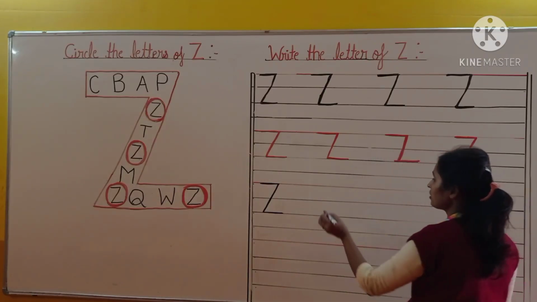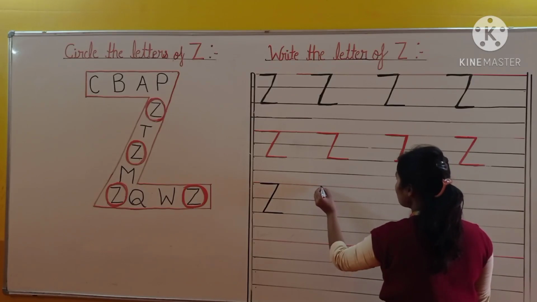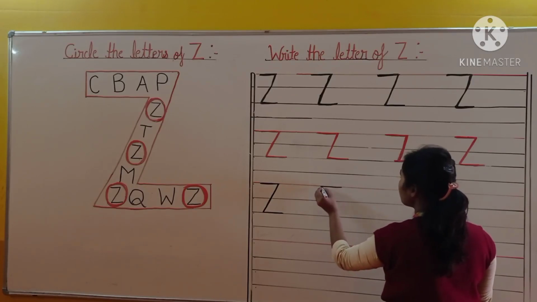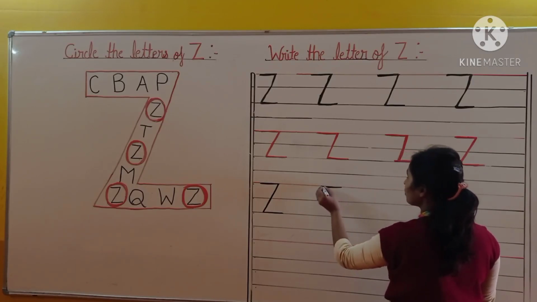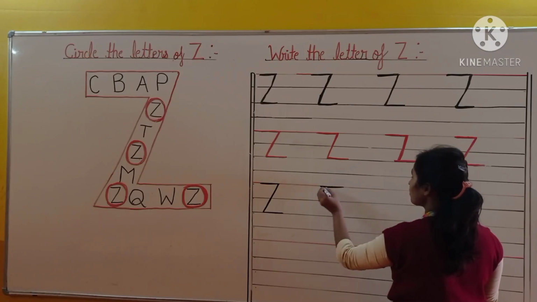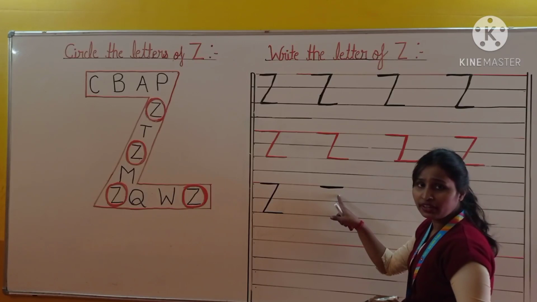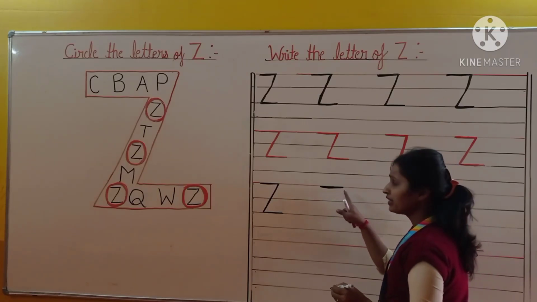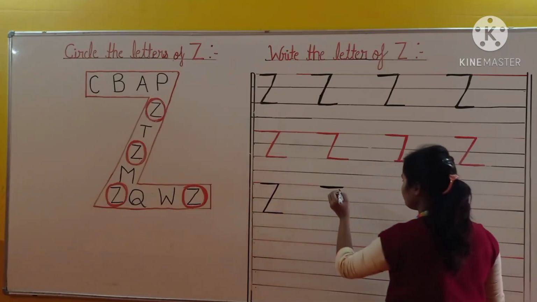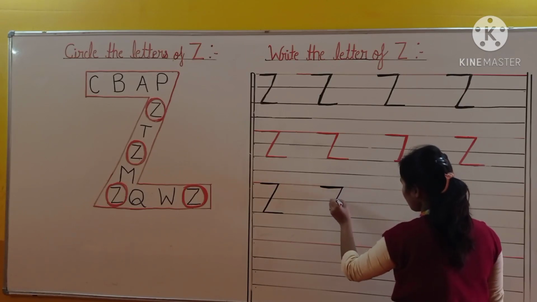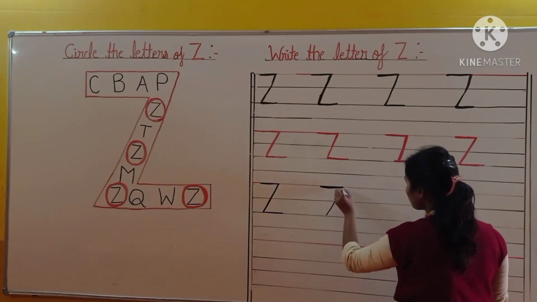Repeat again. Start from the dot, draw a sleeping line. This is a sleeping line. Then slanting line down.